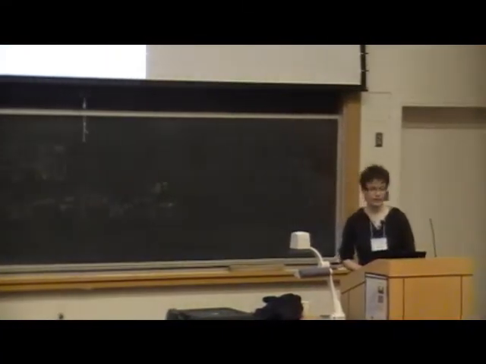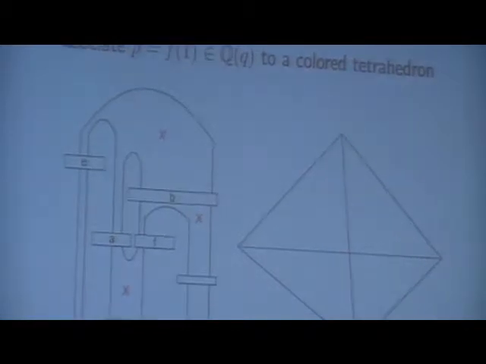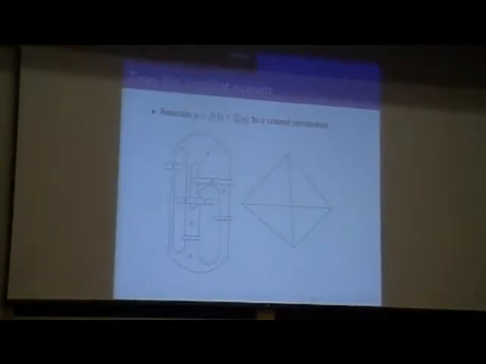So what they do is they associate to a colored tetrahedron a function, QQ. So here's my tetrahedron. And what they do is they color the edges of the tetrahedron by these irreducible representations, these V_i or V_l, which we had before.